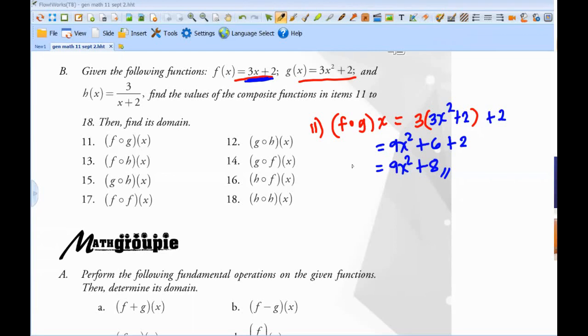So on number 12, g circle h. All right. So the g is here, and your h is 3 over x plus 2. So since you have that squared with the x, so we will write 3, the open bracket.